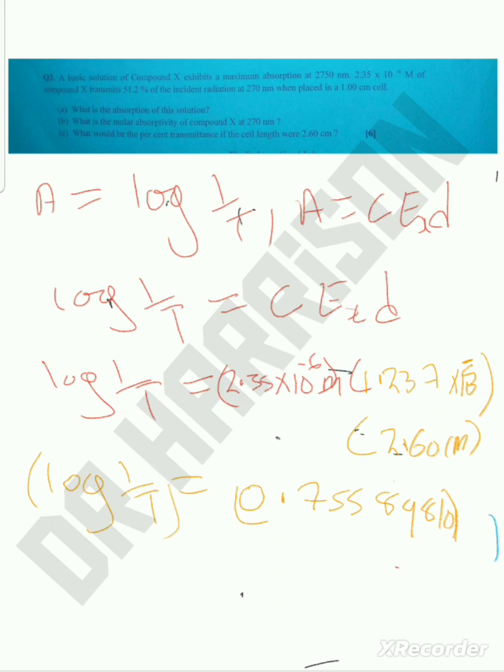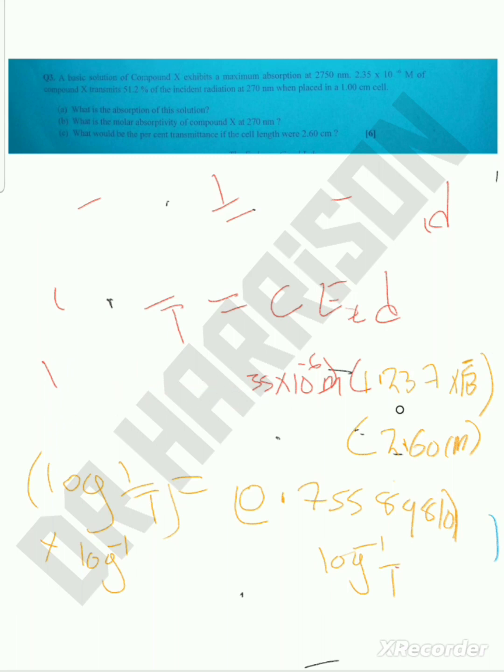So to get our log cancelled, we are going to multiply by the inverse log both sides. By this side, we are going to multiply it by log inverse, and even this side we are going to multiply it by log inverse. Let me just erase on top here because of space.